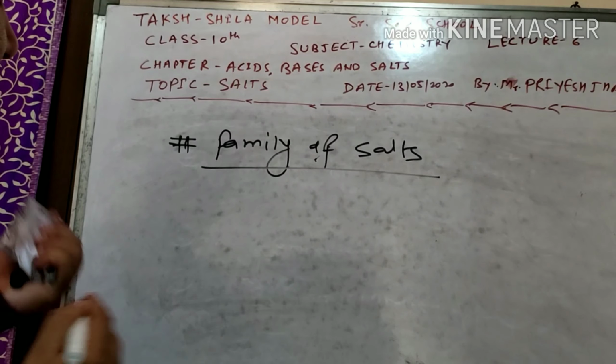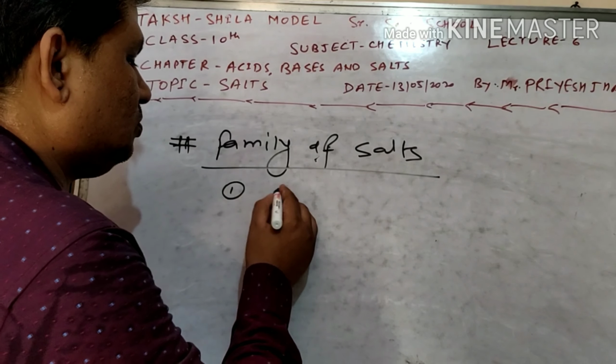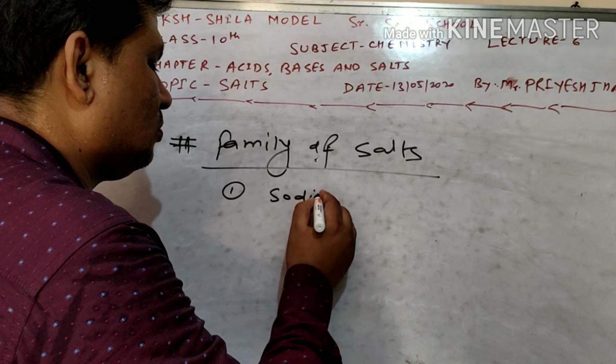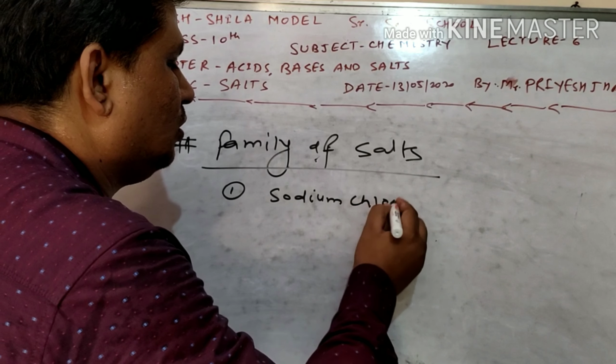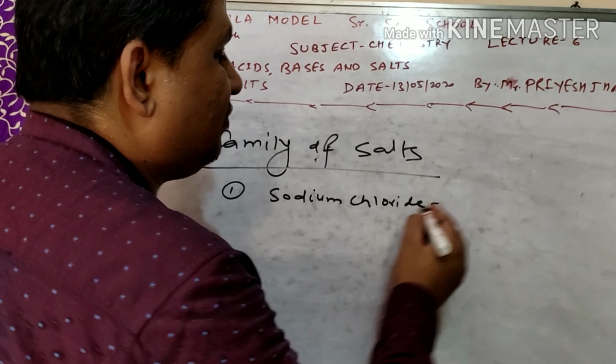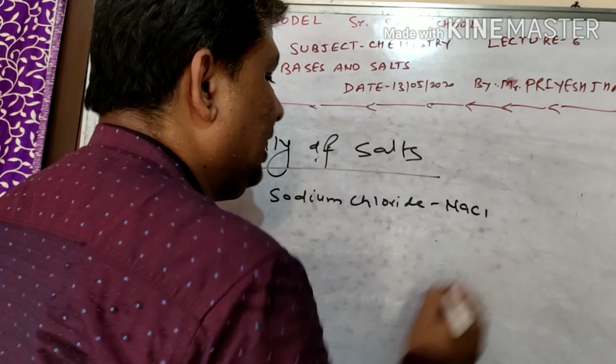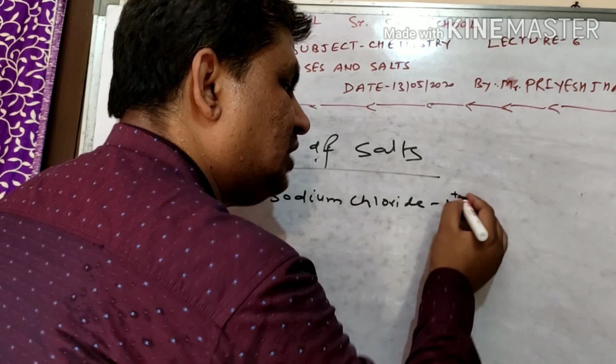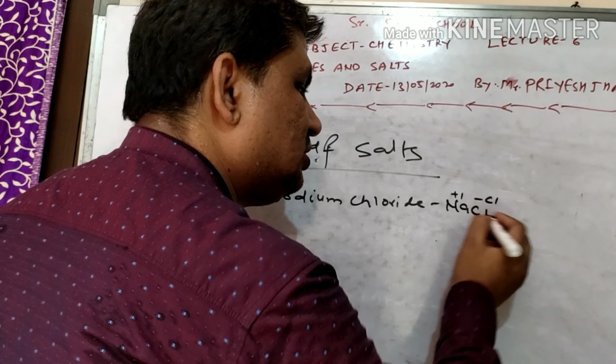For example, sodium chloride having formula NaCl, and here positive charge on Na and negative charge on Cl.